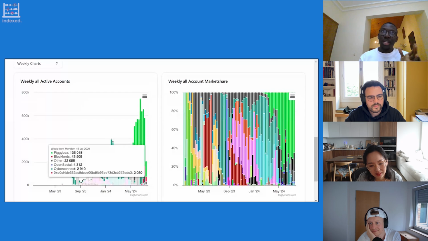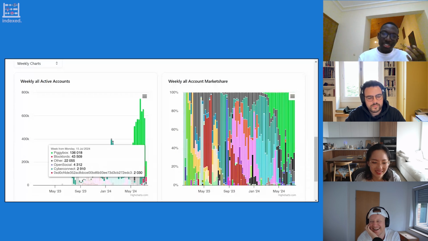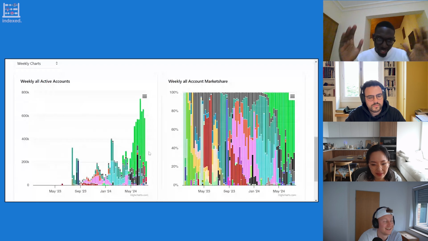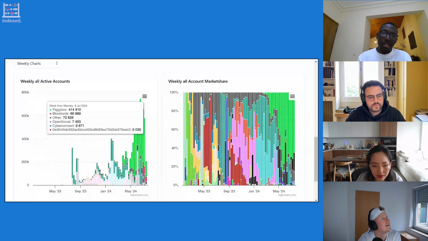If you sign up for Earnum, they give you a free NFT called Piggybox. There's a ton of user ops being created right now by people signing up to this app to farm Earn token and then being given this NFT, which is why you see the big numbers for Piggybox at the moment.